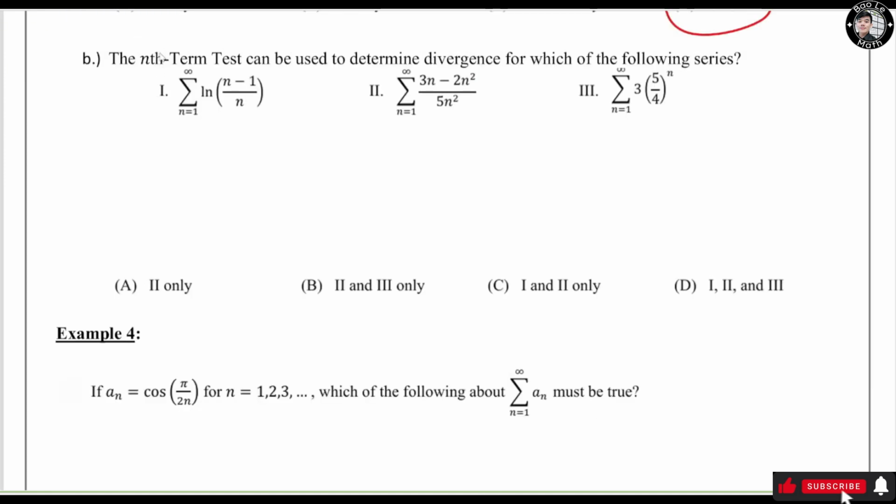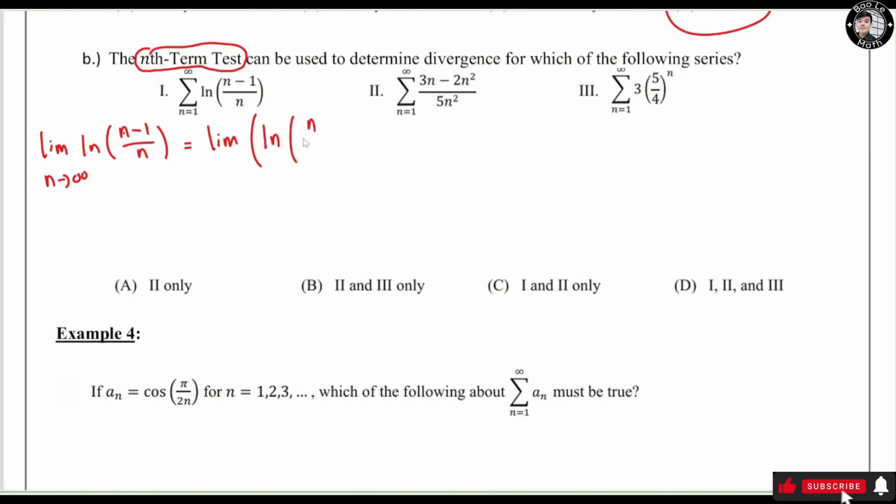Now question A, we still use the n-term test. So we have the limit of natural log of n minus 1 over n as n approaches infinity. When n approaches infinity, n grows faster than the negative 1, so we just ignore the negative 1.